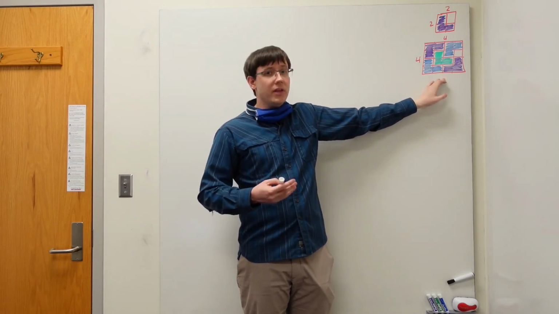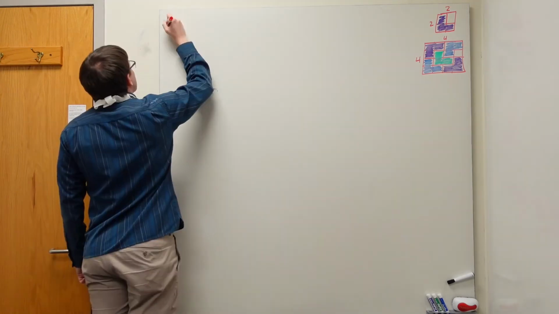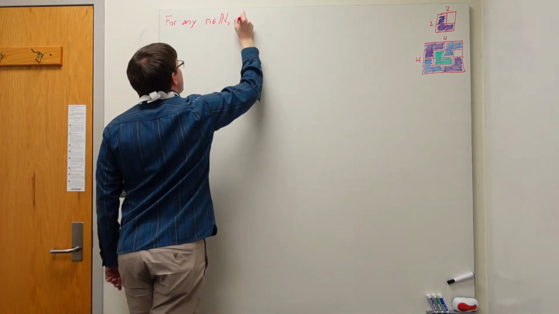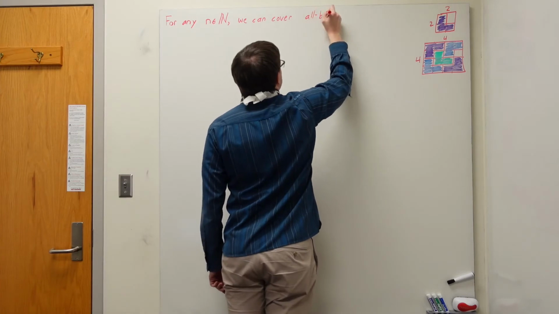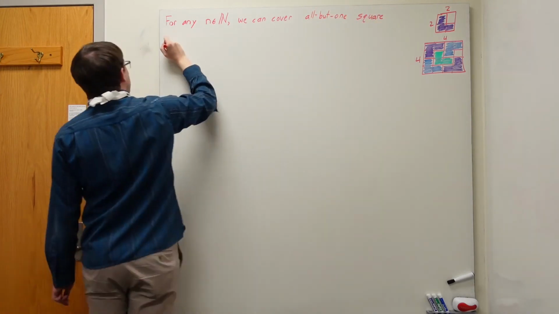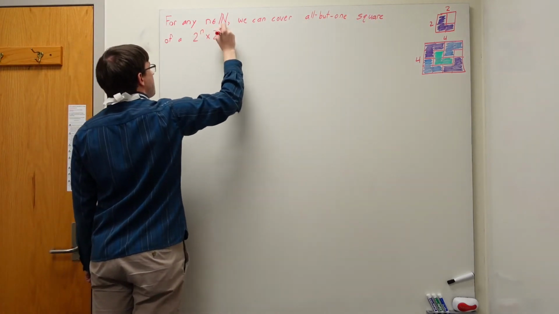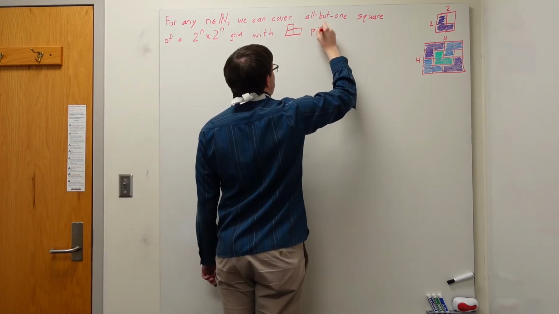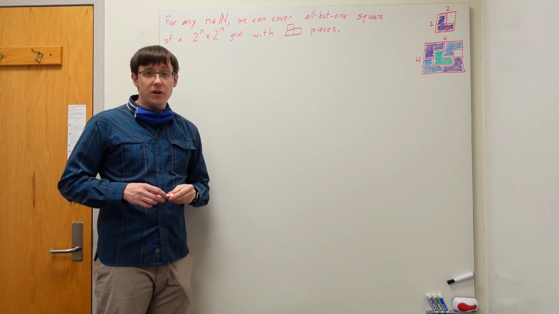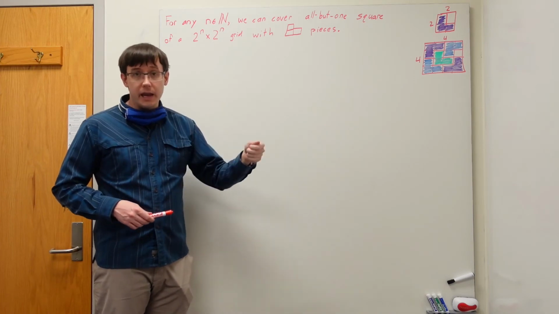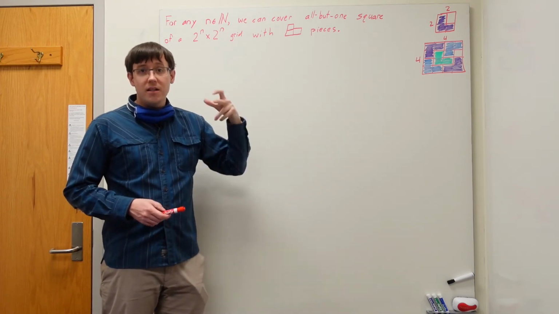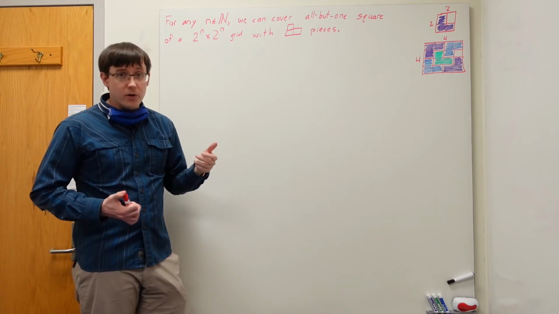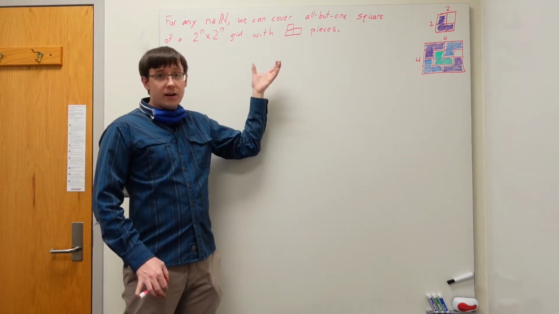Well, that's a thing that we could approach inductively. So if we want to use induction, where we use the case of k to show k plus 1, then we want to state the theorem in terms of natural numbers.